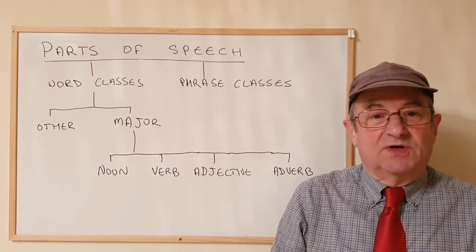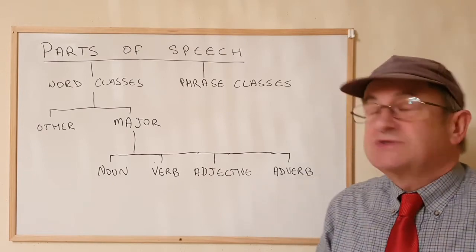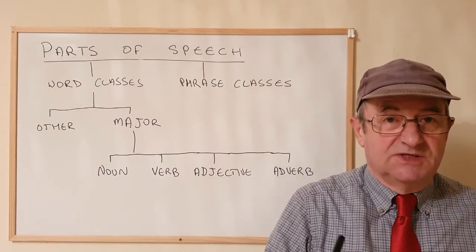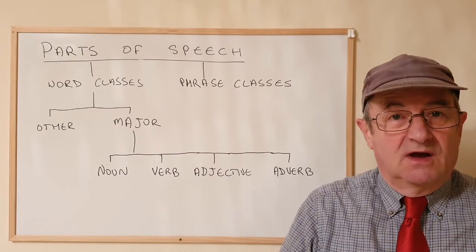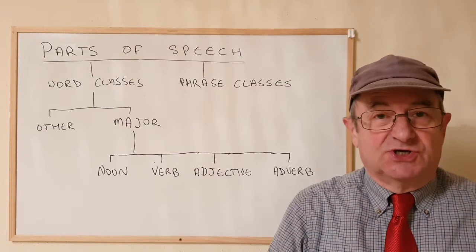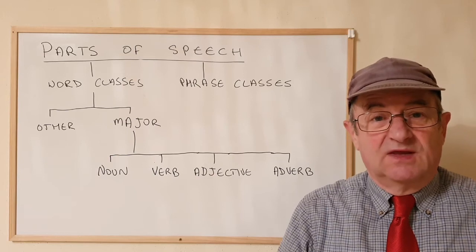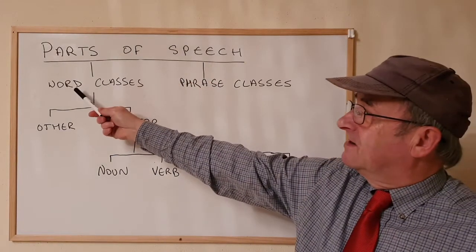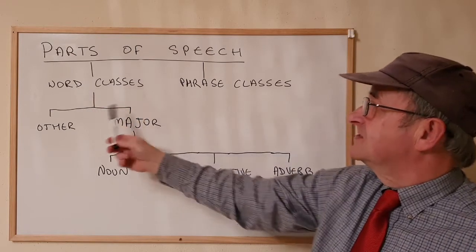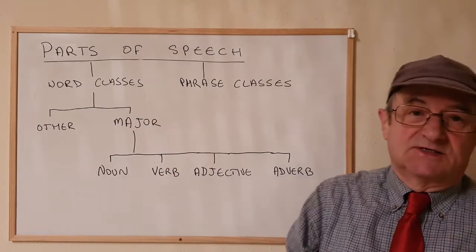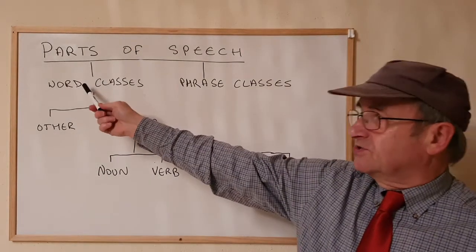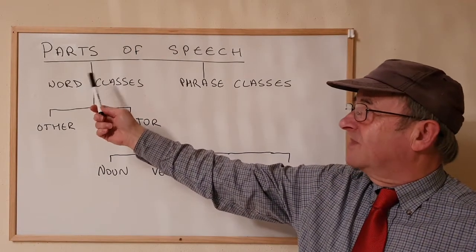The first thing we're going to learn is what is called parts of speech. Parts of speech describe the structure of English. Parts of speech is composed of word classes and phrase classes. In this lesson, we're going to concentrate on word classes.